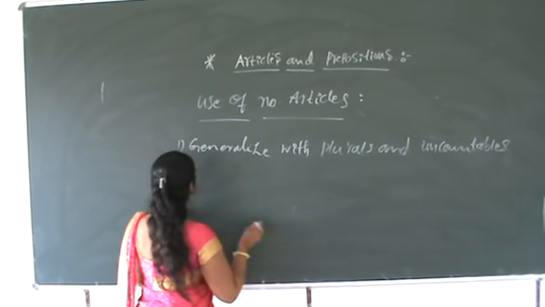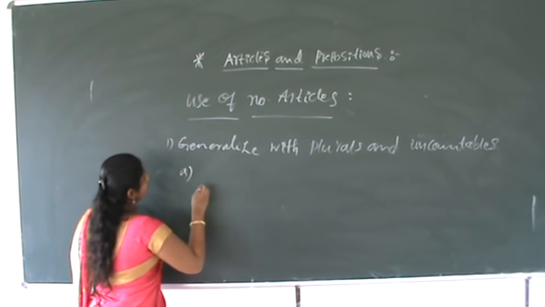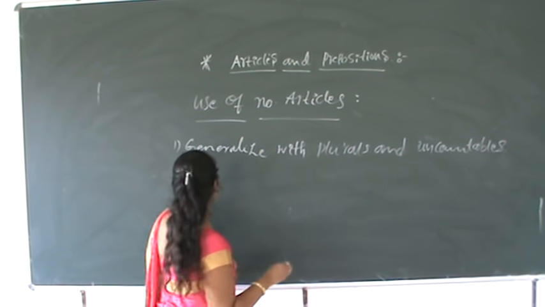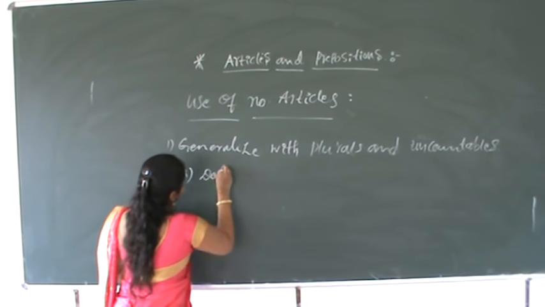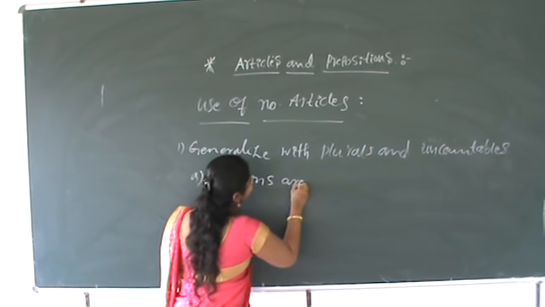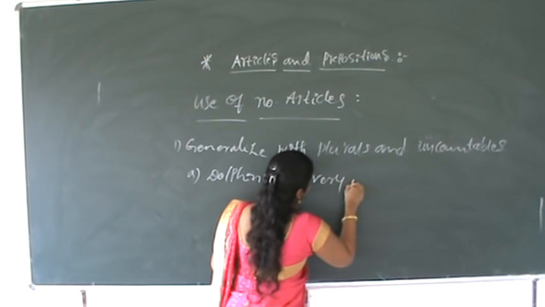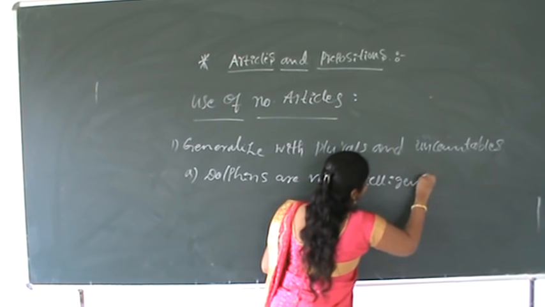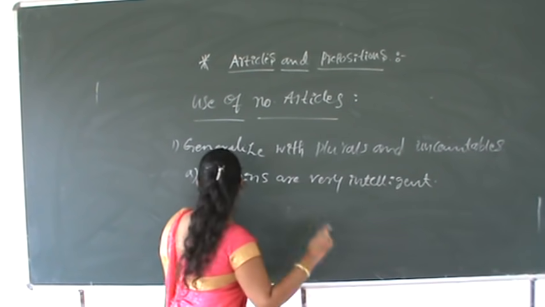For example, I will write some sentences which show plurals and uncountables. Dolphins are very intelligent. That is the first sentence.